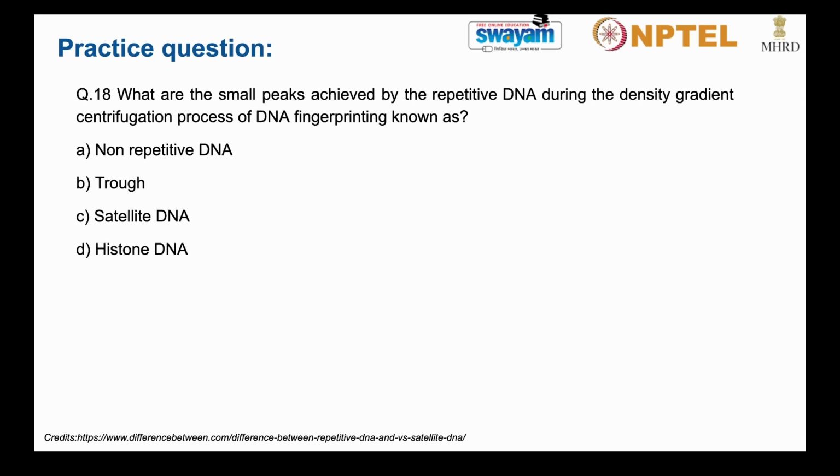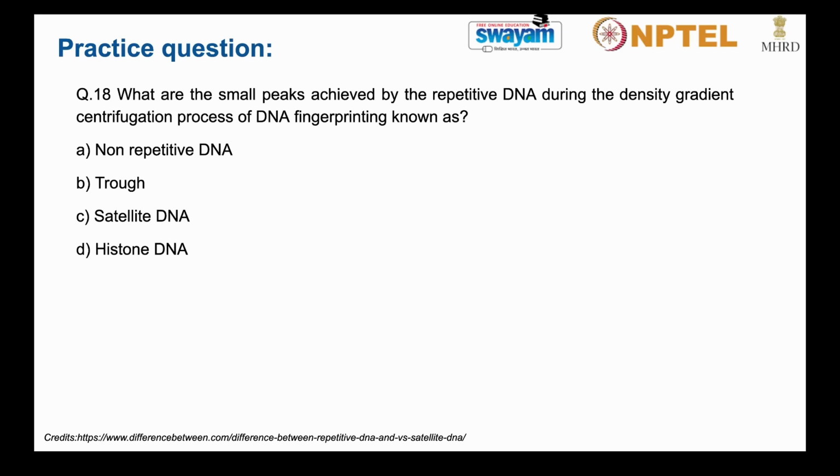First of all, you can reject a few options which you know would never be true. For example, non-repetitive DNA. This can never be true, because in DNA fingerprinting we are focusing on the repetitive DNA, because those are the only sites which help in distinguishing individuals. TRUF can also not be the true option, because TRUFs are not the smallest peaks that you see.